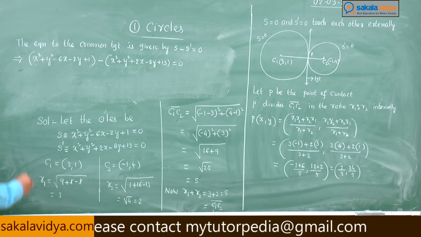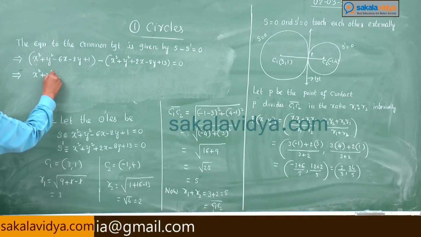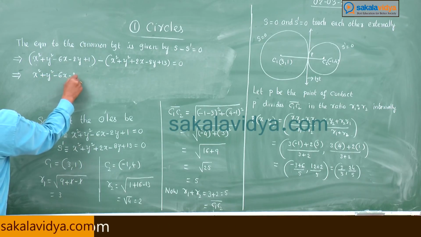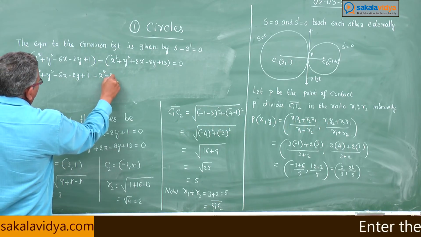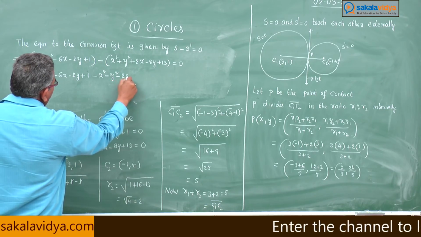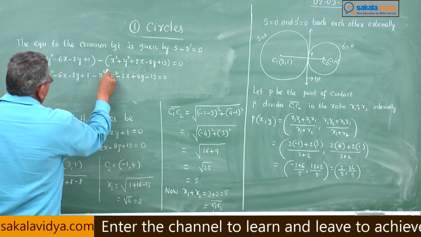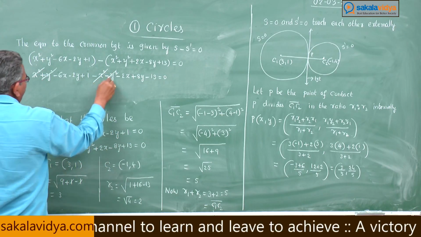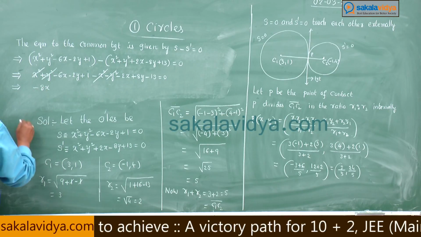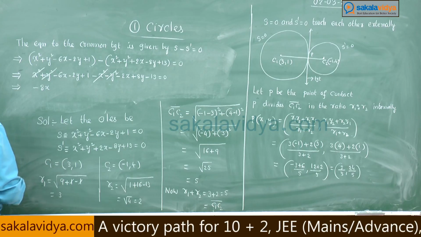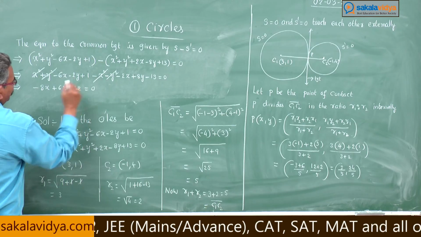Let us simplify. x square plus y square minus 6x minus 2y plus 1 minus x square minus y square minus 2x plus 8y minus 13 equals 0. x square cancels, y square cancels. This is minus 8x and plus 6y minus 12 is equal to 0.